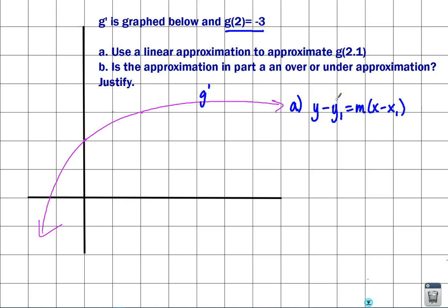Well, I have the point, g of 2 is -3, so the point that I have is (2, -3), and then my slope at 2, actually I'll call that g prime of 2, so that way we're not confused here. So g prime of 2.